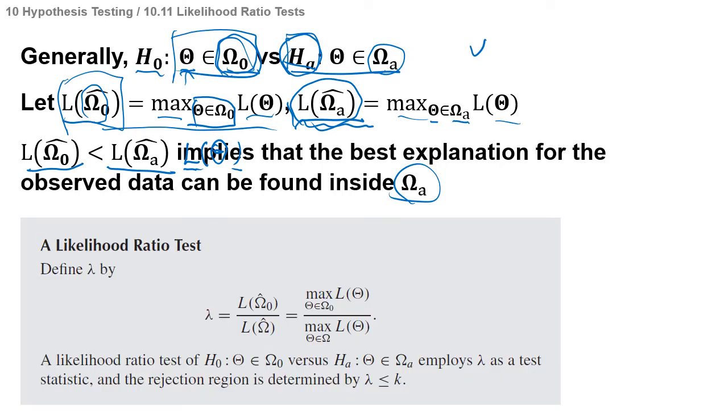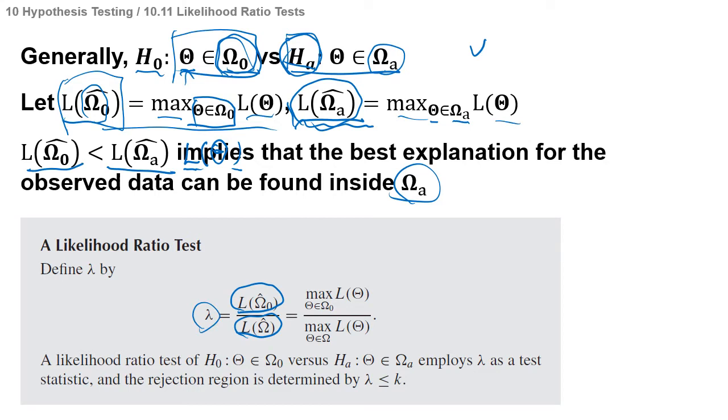We compare the ratio between the likelihood of the null space and the likelihood of the total space, and check whether this lambda is small enough.